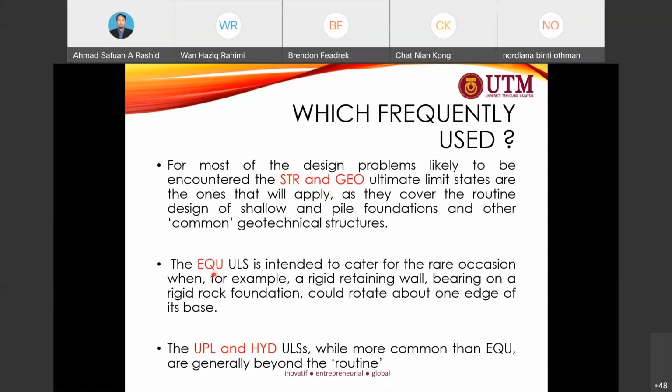The EQU ULS is intended to cater for the rare occasion when, for example, a rigid retaining wall bearing on rigid rock foundation could rotate about one edge of its base. The UPL and HYD ULS, while more common than EQU, are generally beyond the routine. So it is not common to use the UPL and HYD.